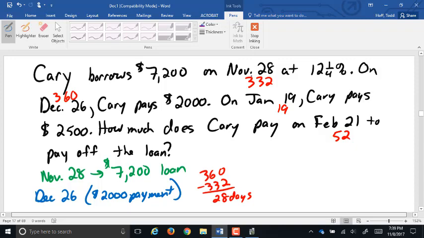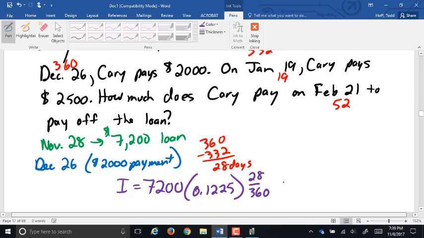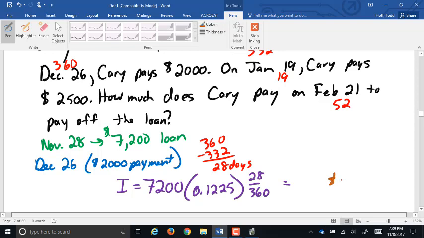I equals 7,200 times 0.1225 times 28 over 360 gives us interest of $68.60.